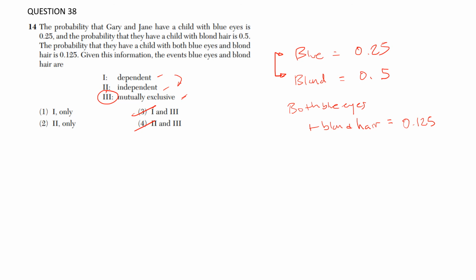Okay, so now to test for independence, right? We know it's either going to be dependent or independent, right? So we have this rule, the probability of A and B happening, okay, if independent, should result in simply the probability of A times the probability of B. Basically, they have nothing to do with each other, and you can simply multiply the two probabilities.